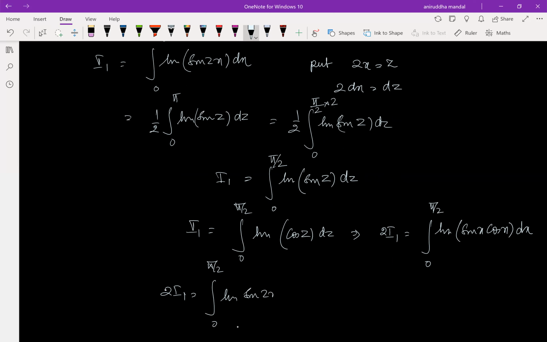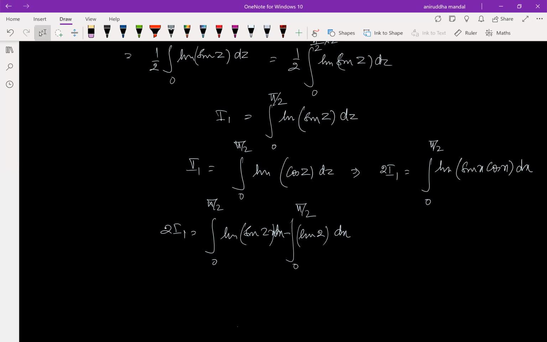This is sin 2x minus ln sin 2x dx. So this is ln sin 2x dx minus this is pi by 2 ln 2, and this is 2I1.